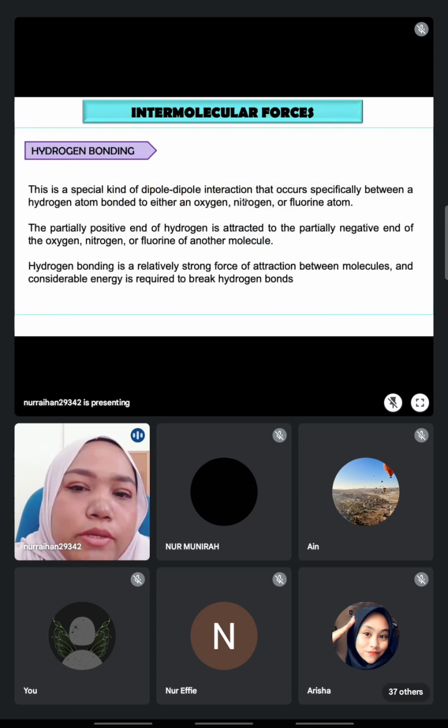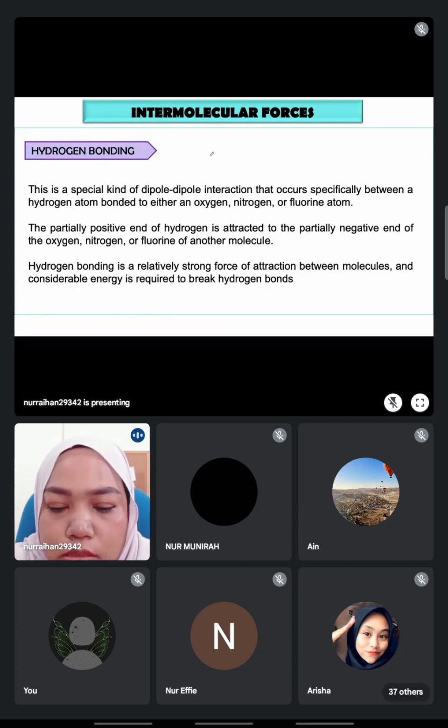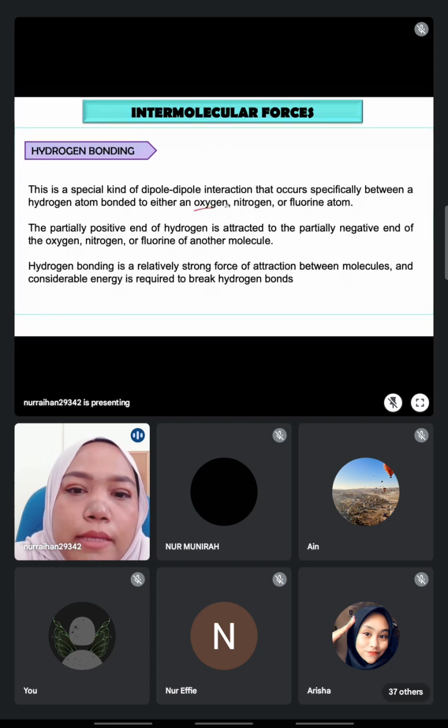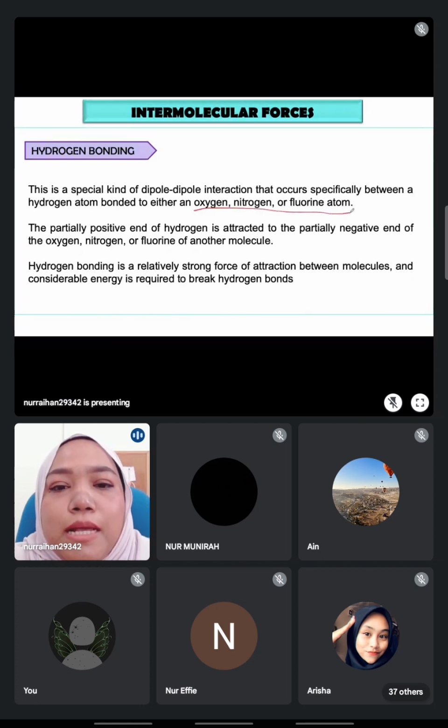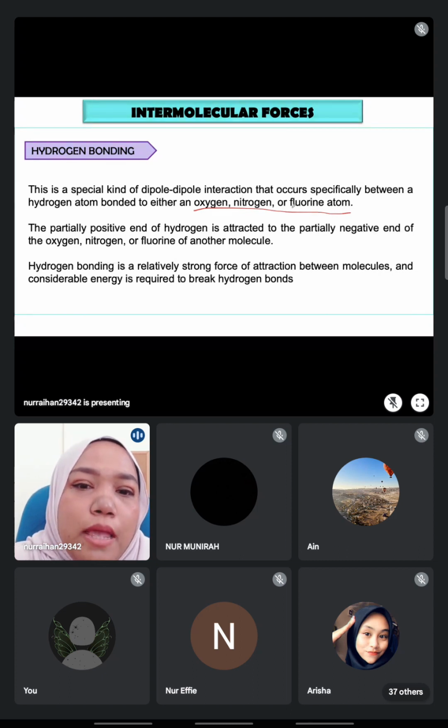And last one is the hydrogen bonding. Okay, macam dipole dan juga van der Waals tadi, they have the attraction between the negative and also the positive. Hydrogen bonding, they have another special requirement whereby the reaction can be induced when there is a presence of oxygen, nitrogen, fluorine atoms in the polymer.